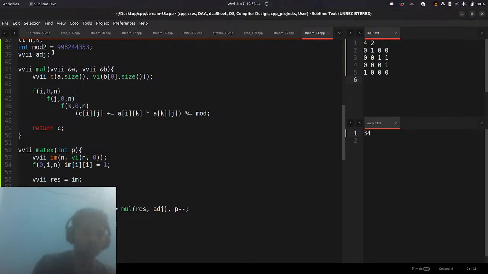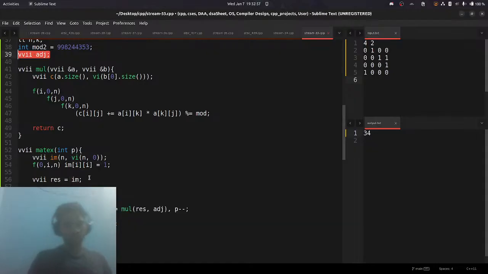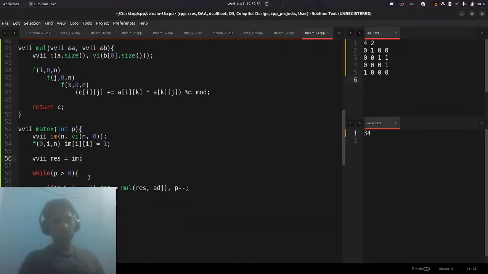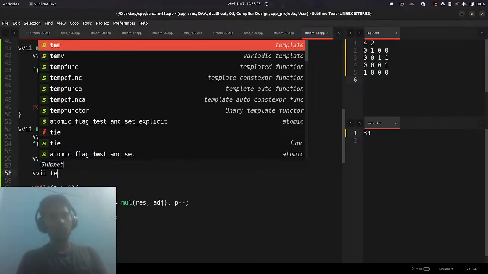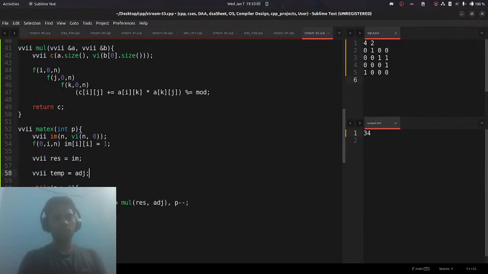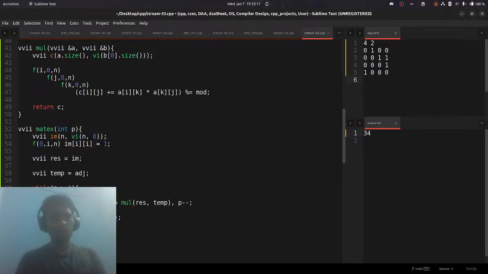Okay, so I think we should not. Okay, so we should rather have a temporary which has adjacent. We will change that only.